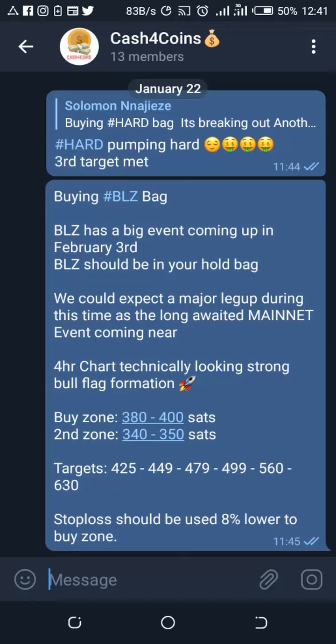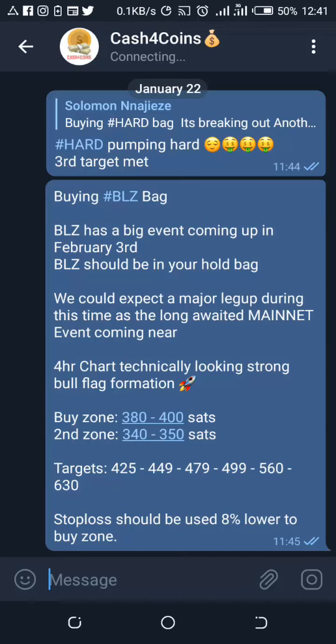Then the stop loss should be used 8% lower than the buy zone. You remember what we bought with? We placed our order at 399 Satoshi. So let's do a little calculation. As you can see, mathematics comes in virtually in everything we are doing.